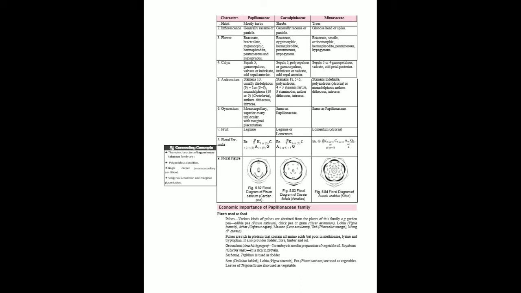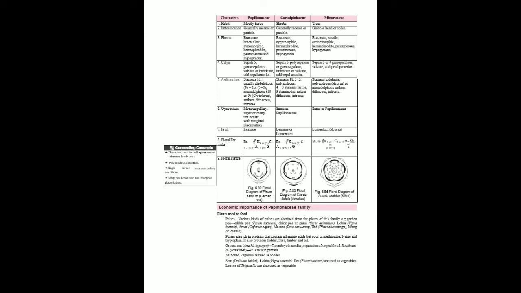Androecium, 10, diadelphous, anthers dithecous. Gynoecium, ovary superior, monocarpellary, unilocular with many ovules, style single. Fruit, legume; seed, one to many, non-endospermic.